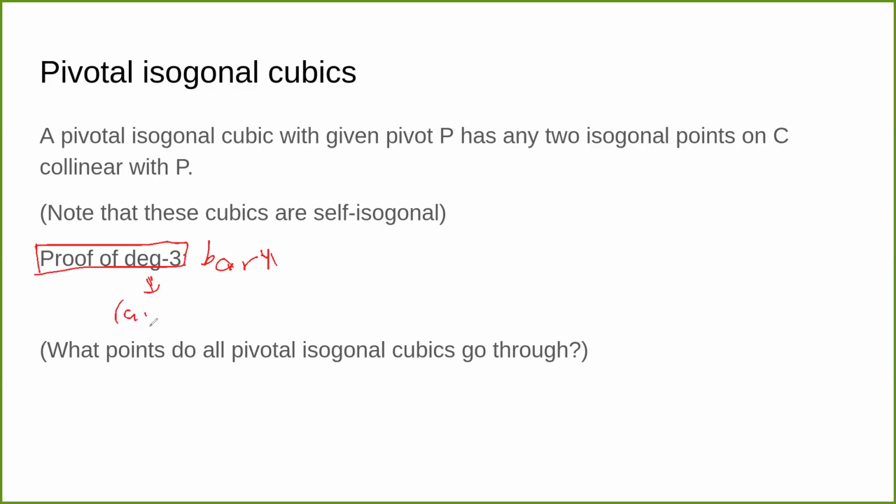Isogonal conjugation sends points A, B, and C, let's call it X, Y, Z, to this, which is well known.